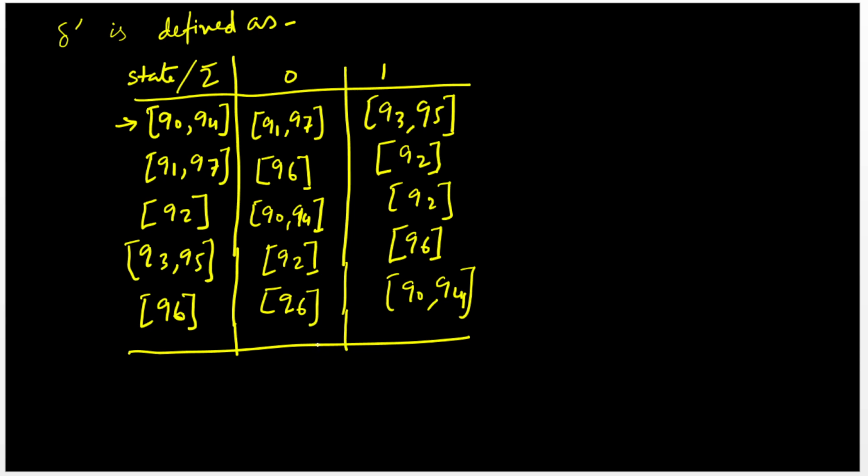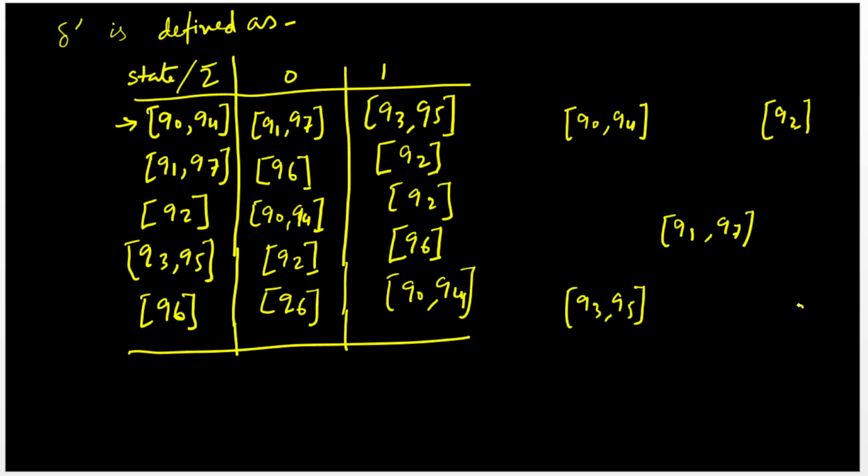Now we can draw the transition diagram like this. Here q0 q4 is one of the states, q2 will be another state, q1 q7 will be another state, q3 q5 will be another state, and q6 will be another state.